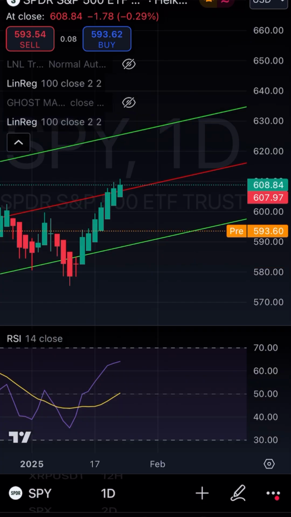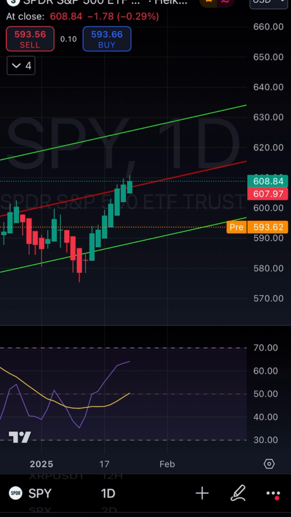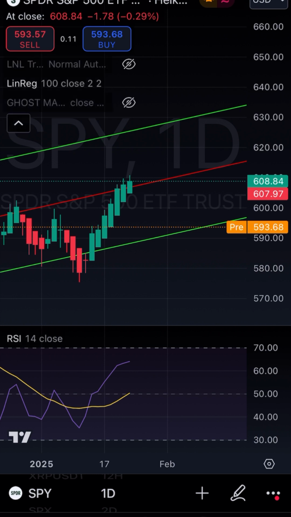But that's personal preference. I just find those colors a little bit distracting. What you really need to know is the top, the bottom, and the pivot line. That's everything you see here. The only other indicator you need here is the RSI.